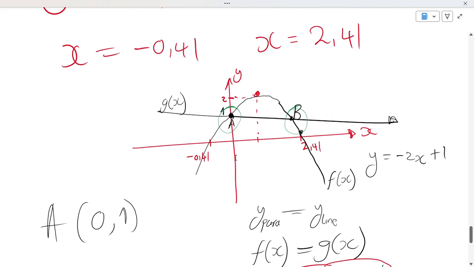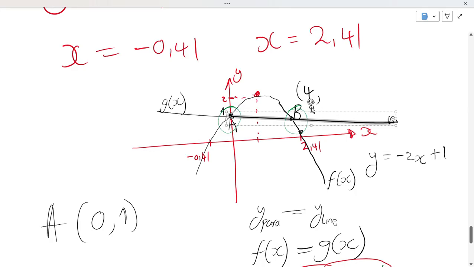Let's look at this. A is the one where x is equal to 0, isn't it? That means B has to be the one where x is 4. But in this case, the way I drew it doesn't make sense.